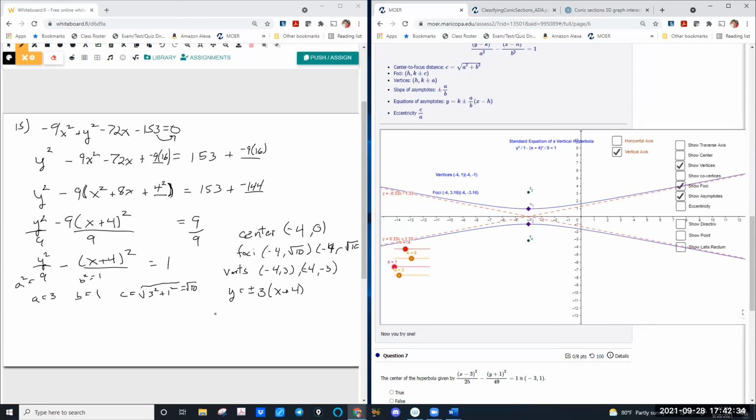Let's find the latus rectum first, and then we'll do the eccentricity. The latus rectum, and I actually don't have it on the list because I'm not going to make you find too many of the latus rectum, but the latus rectum for a hyperbola that has a vertical axis is, again, not a formula you have to memorize, 2b squared over a.